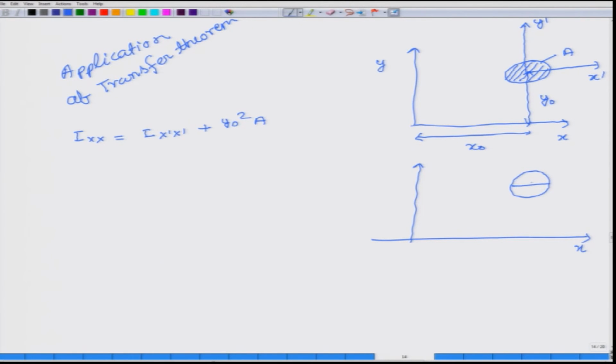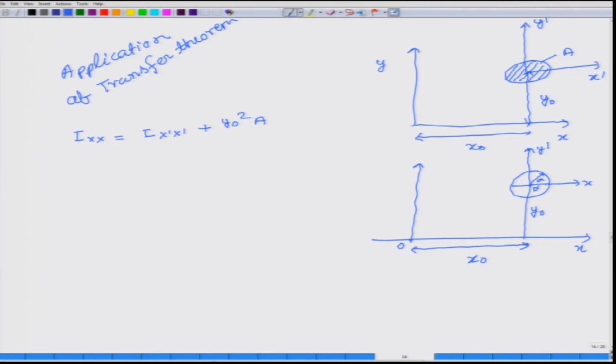So, this is just a, and the centroid of this circle of course will be at the center of the circle with respect to these axes x prime, y prime, fine. So, if the distance of the center of the circle from this point, this is O and this is O prime, is x naught and this is y naught, right.